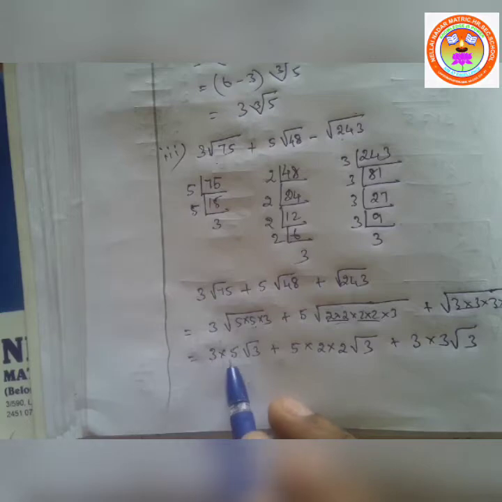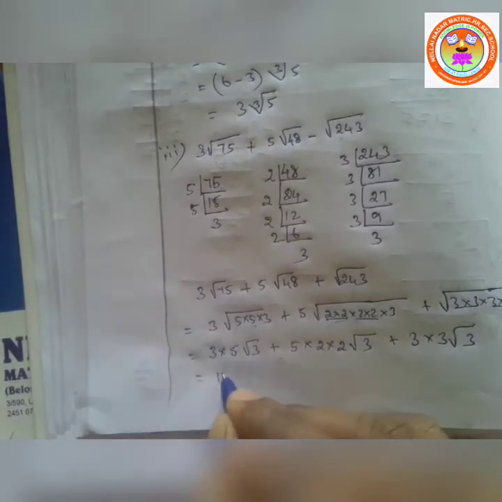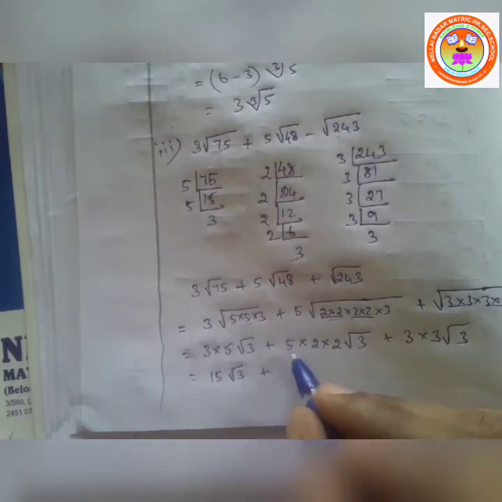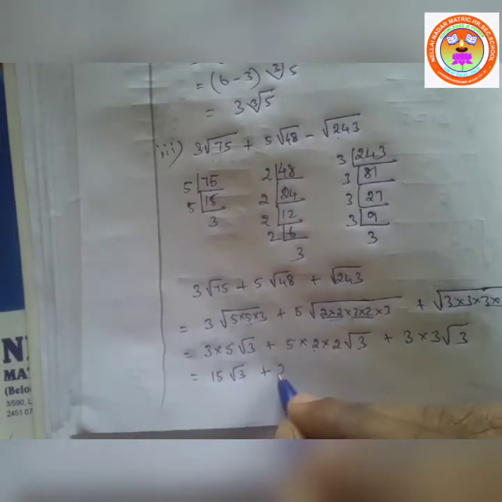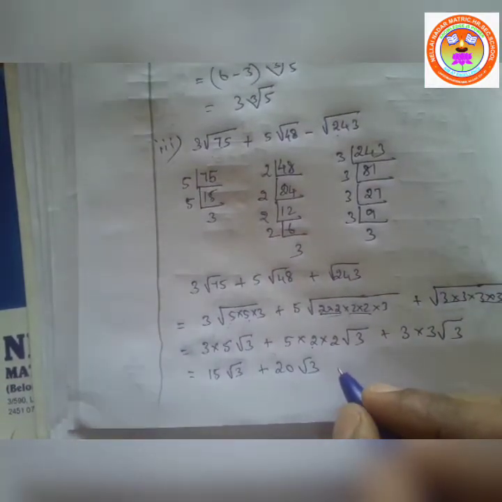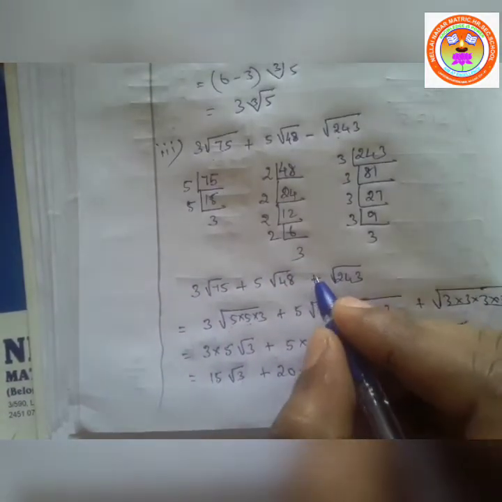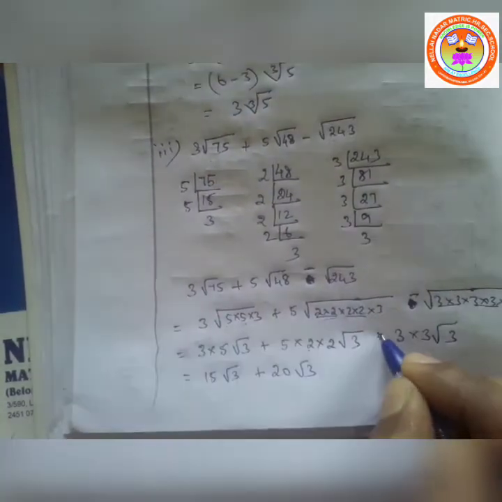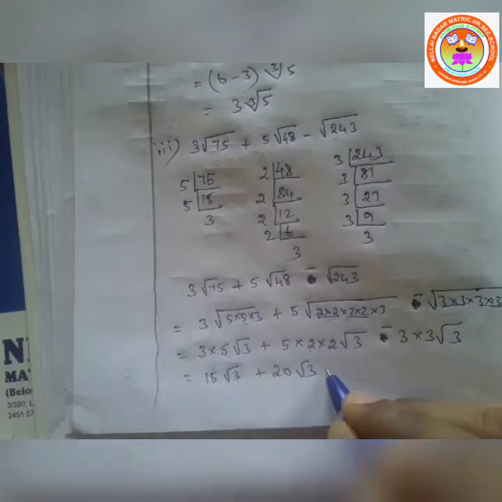Now multiply this. 3 5s are 15 root 3 plus 5 2s are 10, 10 2s are 20 root 3 plus, sorry, this is I think minus. I have changed it. Minus. Here you have to put minus. 3 3s are 9.